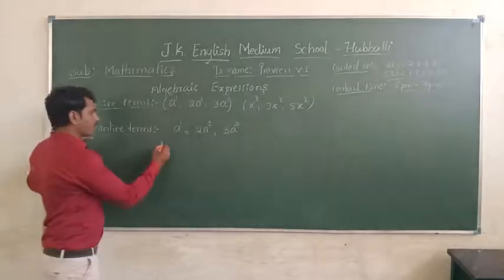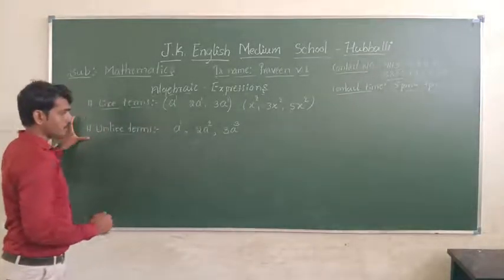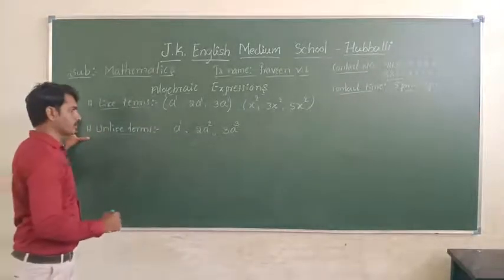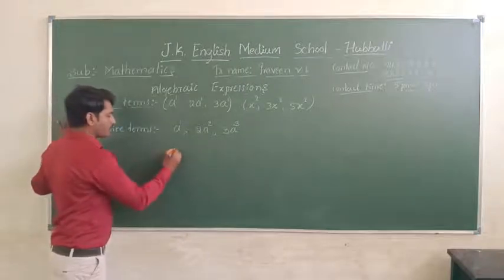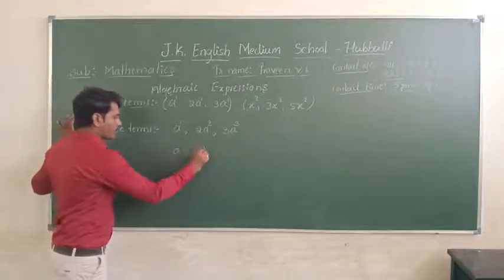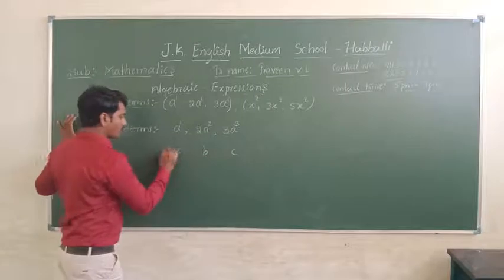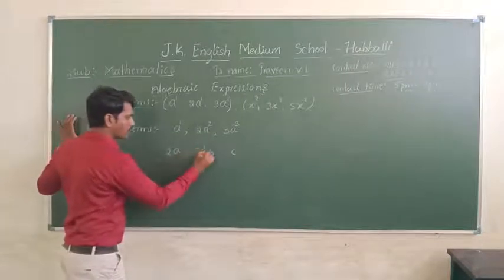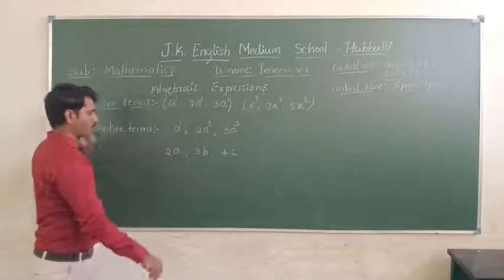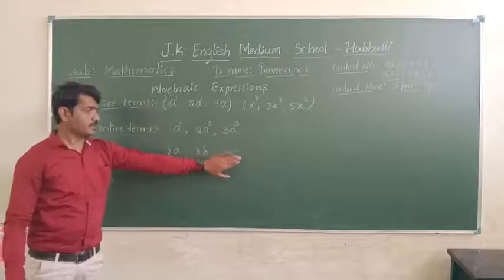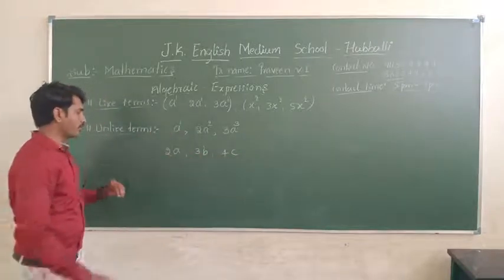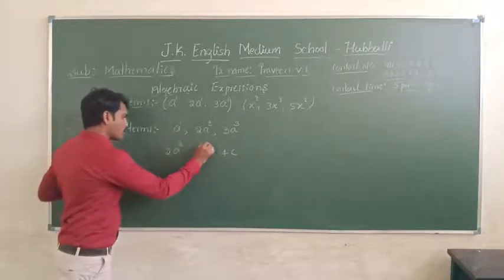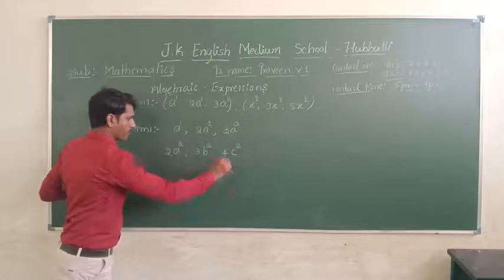Second, different variables and the same exponents. Then a, b, c, otherwise 2a, 3b, 4c. A, B, C are three different variables and the exponents are the same here.